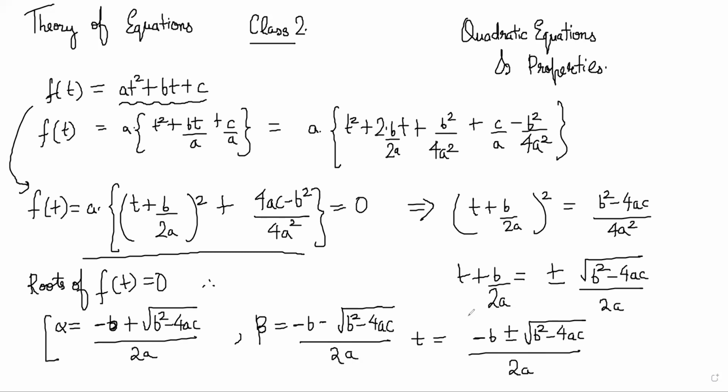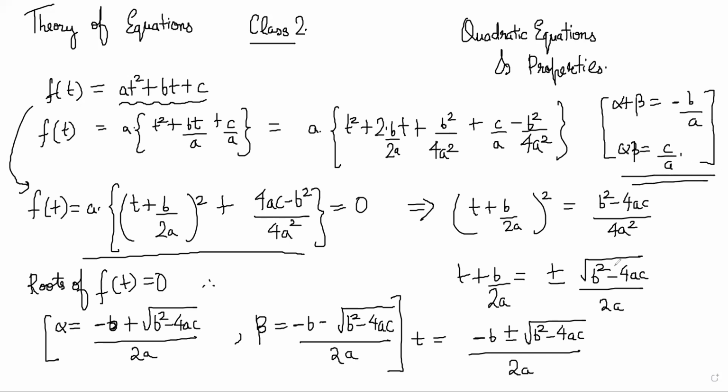So we have found the two roots of the quadratic polynomial. Now we can also see very easily that alpha plus beta, if you sum the roots, this discriminant part will get cancelled. Sum of the roots is −b/a, and product of the roots is c/a, which is the Vieta relation for roots.